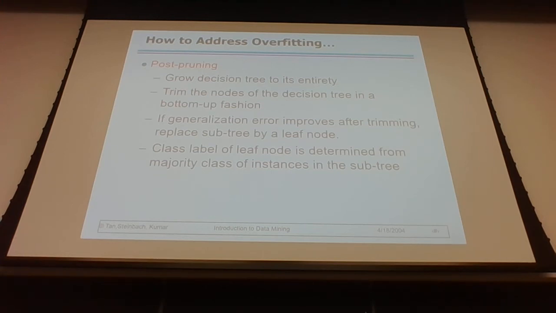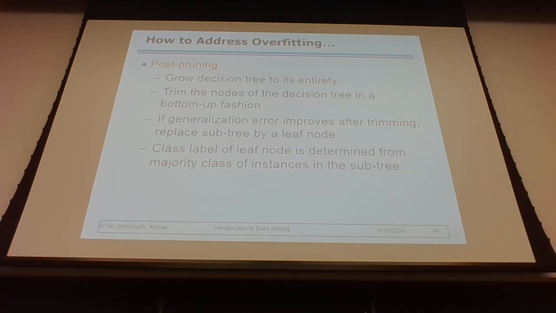Generalization error is different from impurity measure. We saw generalization error. It's the training error plus n times some penalty. So if you do post-pruning, then the n is reducing. The number of leaf nodes is reducing. That's why it has the possibility of reducing generalization error.